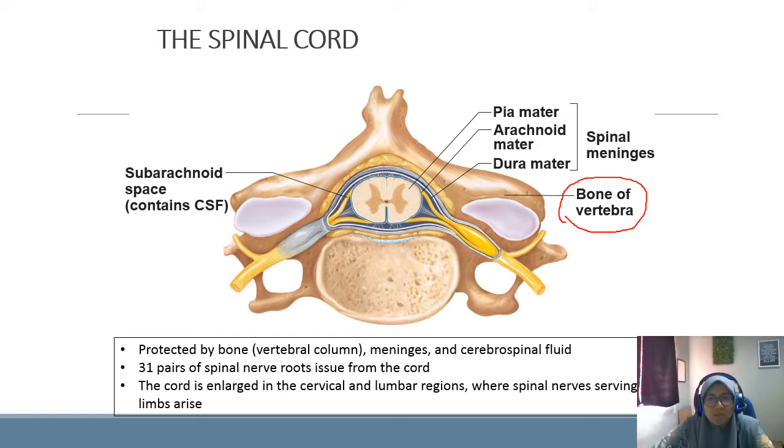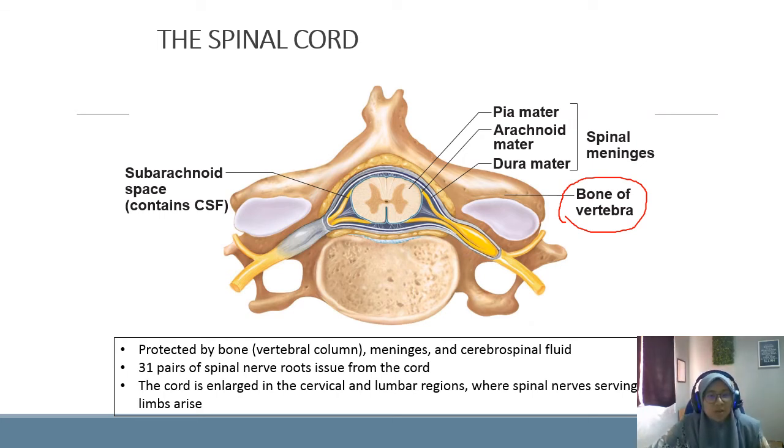This is the spinal meninges, and also cerebrospinal fluid. Cerebrospinal fluid is at the subarachnoid space between arachnoid and dura mater, inside here. So the only difference from the brain protection is the spinal cord doesn't have the blood-brain barrier.